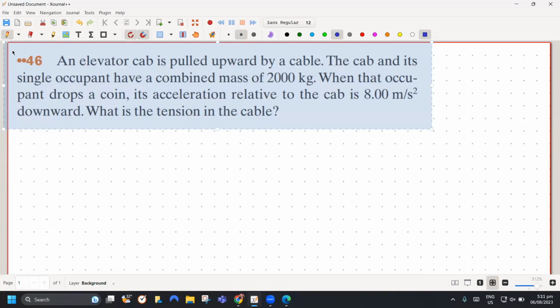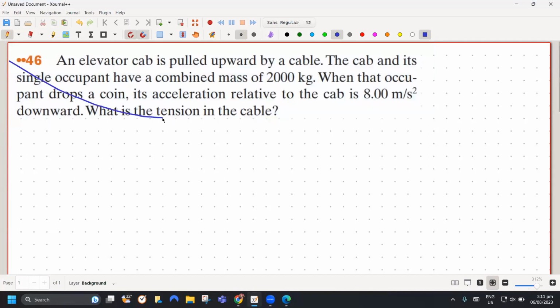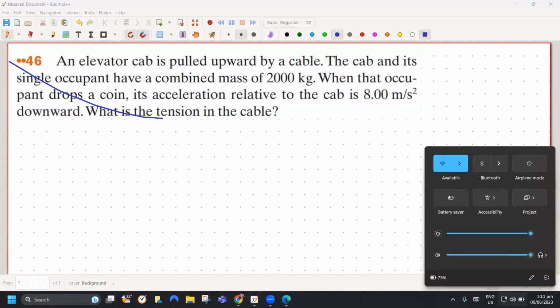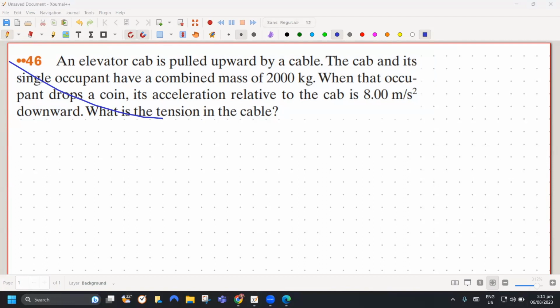So, on the right, may y-axis ka. Yung origin ng y-axis, yung ground level. Hanggat hindi mo mabigay yung relationship ng accelerations, hindi mo siya masi-set up eh.